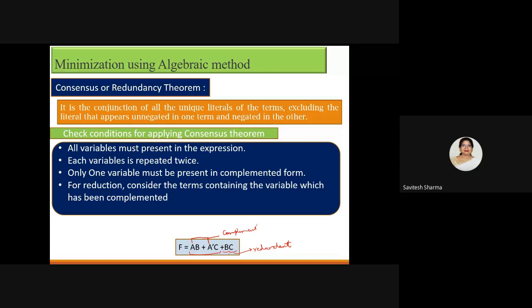So you will notice that F equals AB plus A complement C, and BC will be removed. If I take this expression and an expression that does not contain BC, it is the same. So you will identify this BC is the redundant term. Three things I noticed here: all of A, B, C are present, each variable is repeated twice, and one variable A is present in a complemented form.